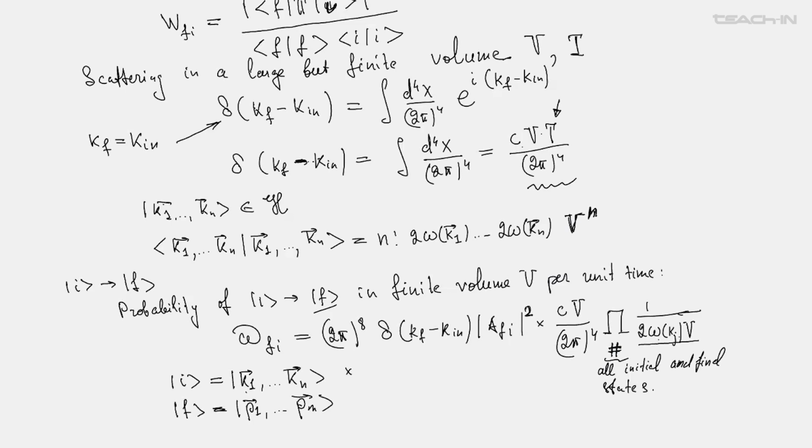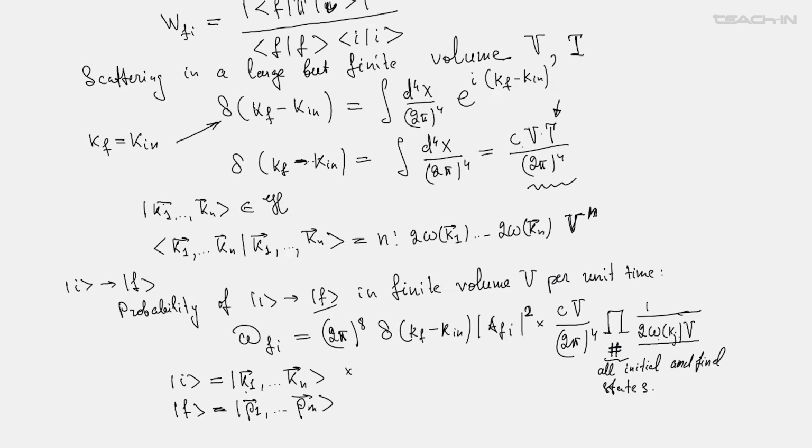Oh, it's all initial and final states. That means it's a concatenation. Yes, indeed, it's a union of the initial and the final momenta, and so k_j here, index j, is running over all initial and all final momenta. In other words, you are taking a product of this factor 1 divided by 2 omega k_j V over all particles which take part in the scattering process.